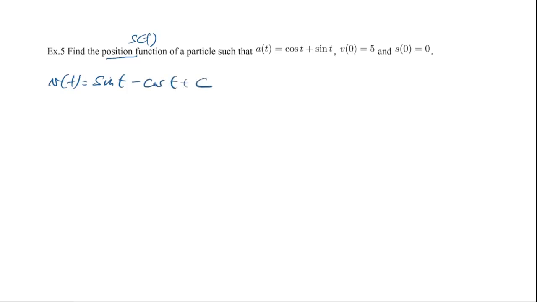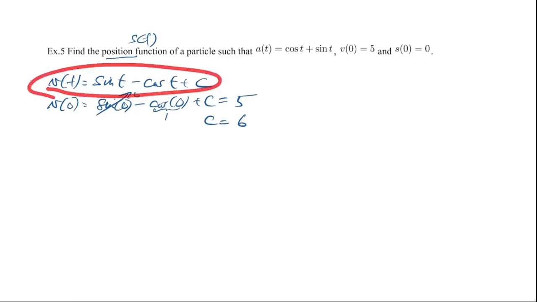What you have to understand though is when you plug it in right here, v naught, that's sine of 0 minus cosine of 0 plus c is equal to 5. That's a 0, but that's 1, isn't it? So c happens to be therefore 6. But I already know that I'm going to have to take the antiderivative of the v, don't I?